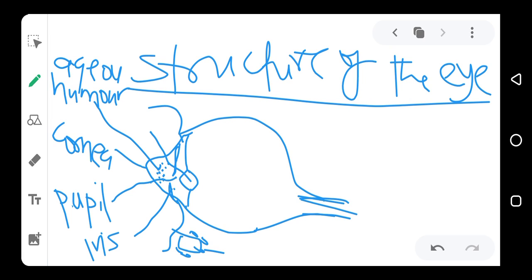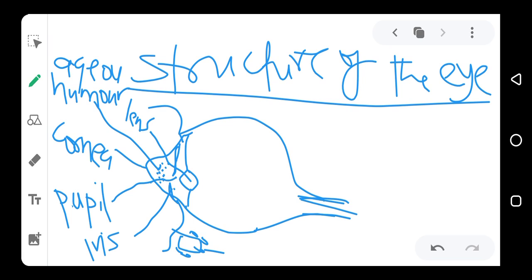Now, after the lens, at the back of the lens, we still have fluid. So here is also another source at the back of this. That watery substance is called vitreous humor. Remember that the one in front is called aqueous humor.